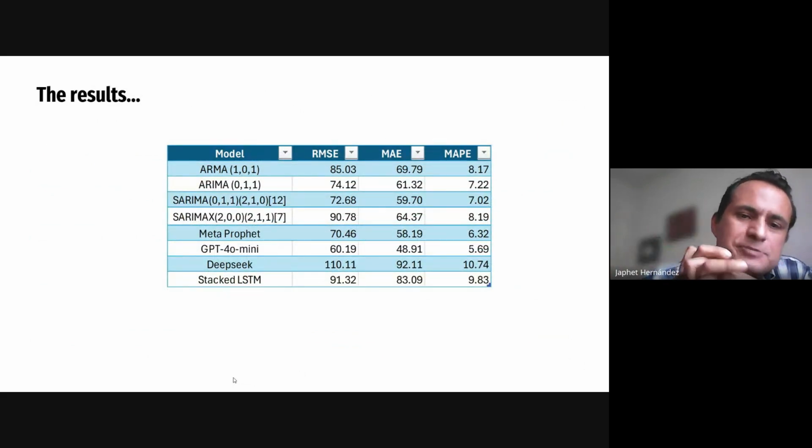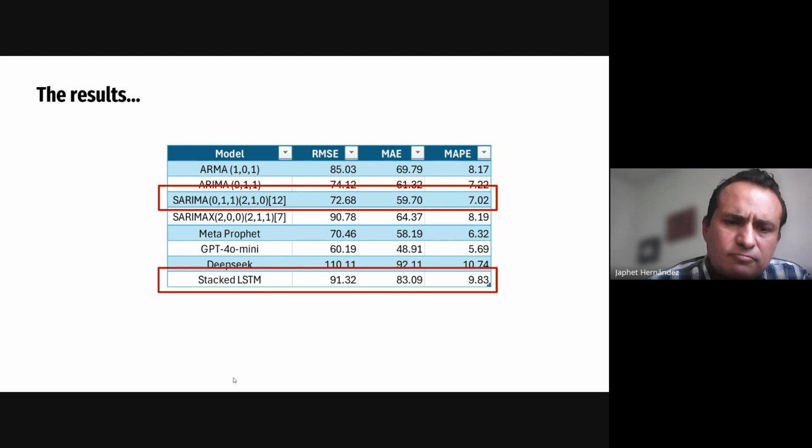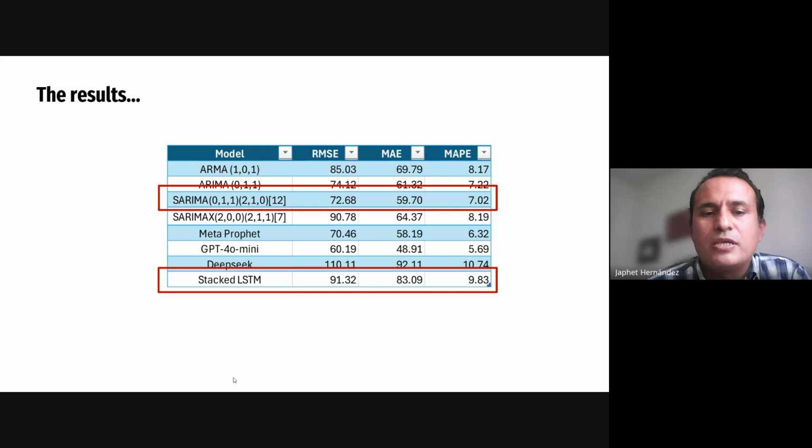So about the benchmark, I wanted to start from the results to make a very good comparison between a statistical model that we developed and a machine learning model. In this case, the winners from each were the SARIMA model with no seasonality and a stacked long short-term memory neural network.